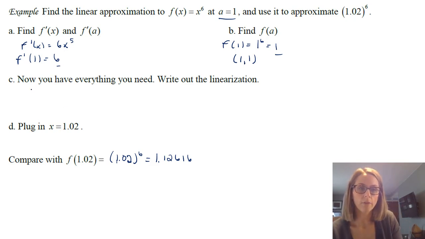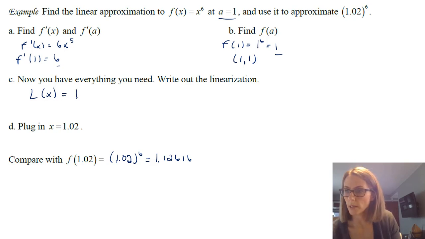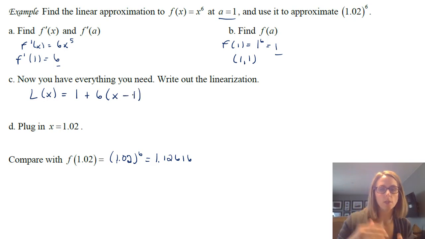So we have L of x, and I'm just using what you have in the box from above. f of a is 1, and then f prime of a is 6, times x minus a, which is 1. So this is the linearization. This is the tangent line to f of x equals x to the 6th at a equals 1.